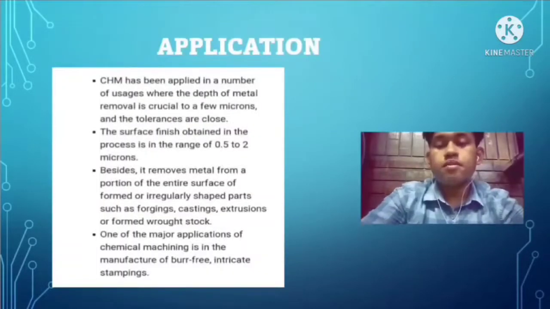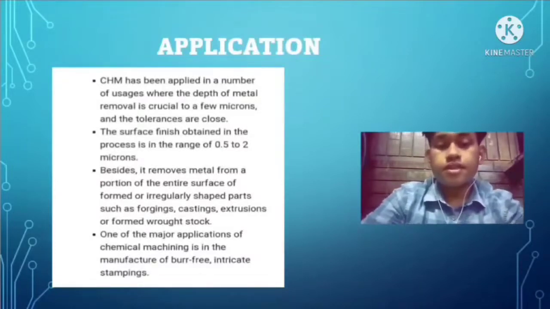Application of chemical machining in stamping. CHM has been applied in a number of usages where the depth of metal removal is crucial to a few microns and the tolerances are close. The surface finish obtained in the process is in the range of 0.5 to 2 microns.